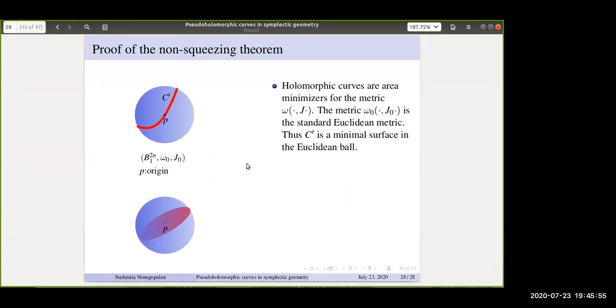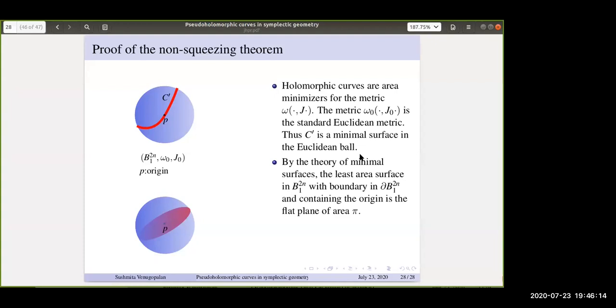And holomorphic curves have the special property that they are area minimizers for the metric, and in this case the metric is the standard Euclidean metric. Thus, C prime is a minimal surface in the Euclidean ball. And by the theory of minimal surfaces, the least area surface in the ball, whose boundary lies in the boundary of the ball and which contains the origin, is the flat plane.